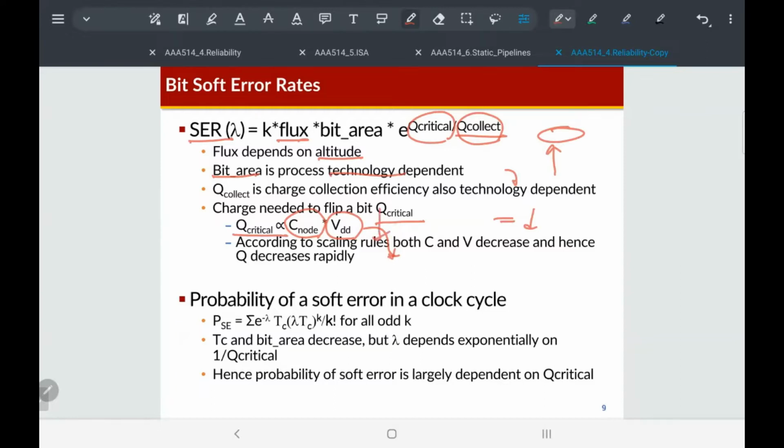So C is low, which means that Q critical is also low, which means that the bit error rate increases because our devices are getting smaller. So reliability is getting more critical in modern devices.